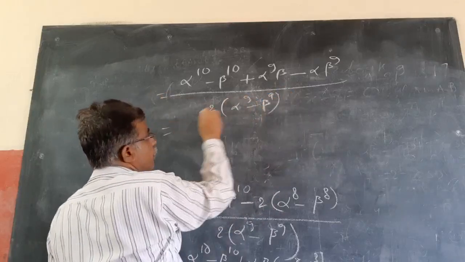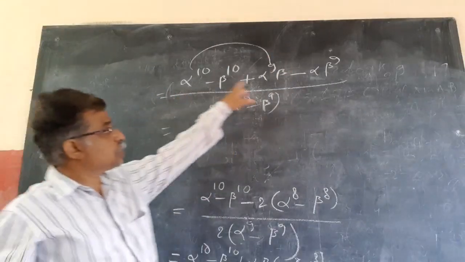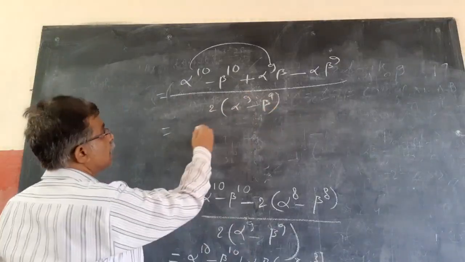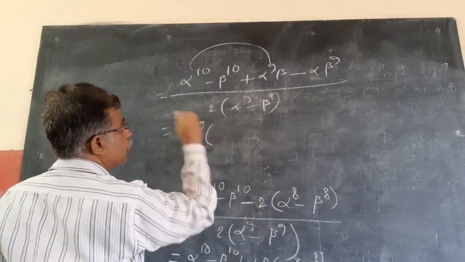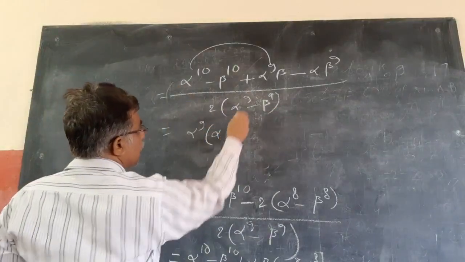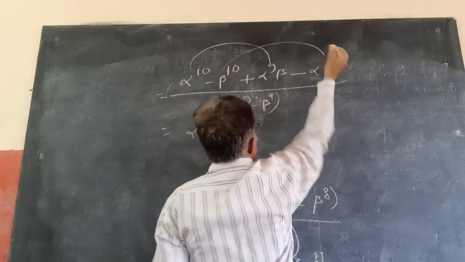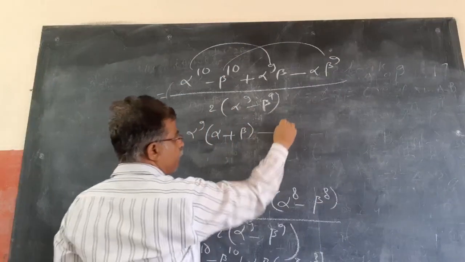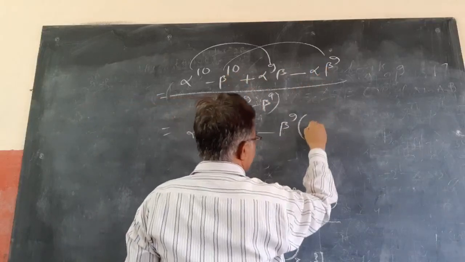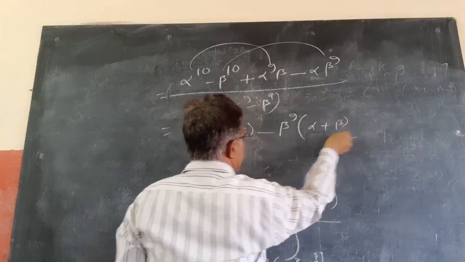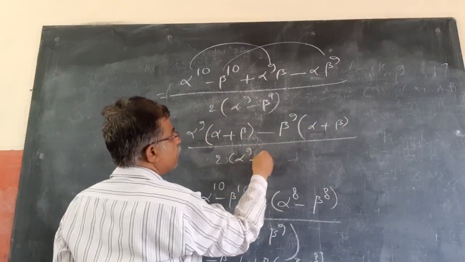Now from these two I can take alpha power 9 common. What do I get? Alpha power 9 into alpha plus beta. Now from these two I will take minus beta power 9 common, left out here is beta and here is alpha. So alpha plus beta by 2 into alpha power 9 minus beta power 9.